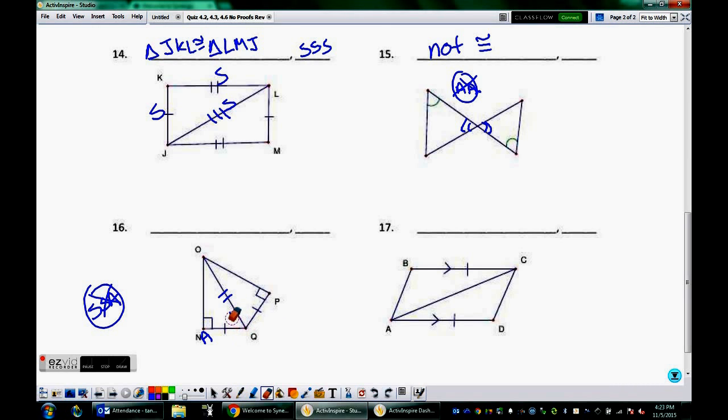And remember that special case occurs if I have a right angle. So remember, the side opposite the right angle is called the hypotenuse. And the other 2 sides that form an L here are called legs. So I have a hypotenuse and a leg marked congruent. So I have HL.